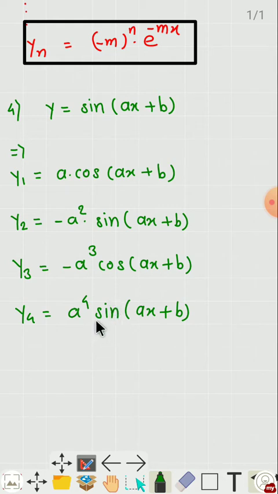Yes, so this is the fourth order derivative of this function.